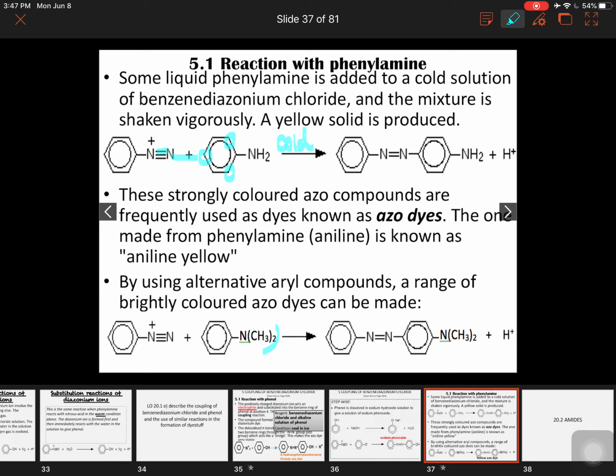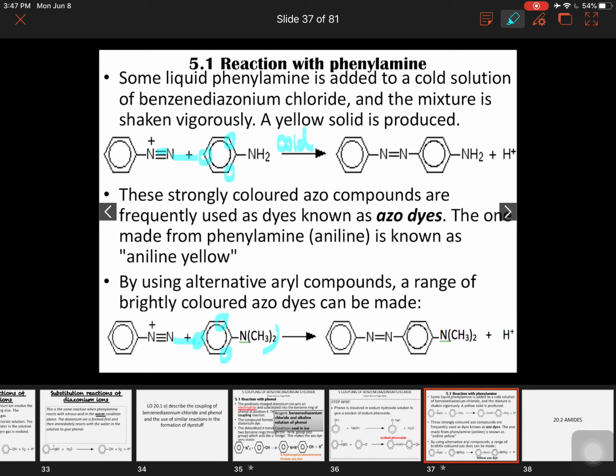So you have a phenyl group on your nitrogen, and then you have two methyl groups attached to the nitrogen. Again, no problem. It is still an amine, and an amine activates the 2, 4, 6 positions. The fourth position is the first choice. Therefore, one of the triple bonds in nitrogen breaks to form a new bond with carbon number 4.